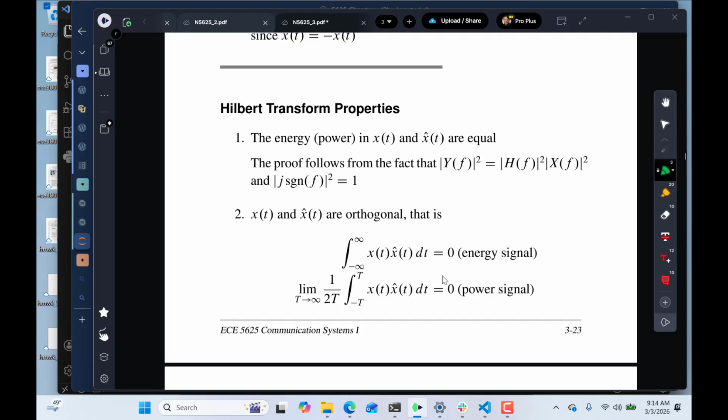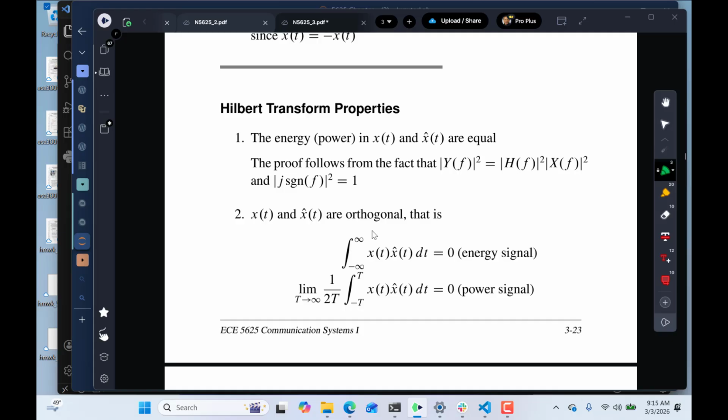It's also interesting that the signals are orthogonal to each other in the sense that if you multiply x times x hat and integrate it, the integration operation here is a form of inner product that you learn about in abstract linear algebra, which you had at one point, most of you, right? Remember abstract vector spaces?